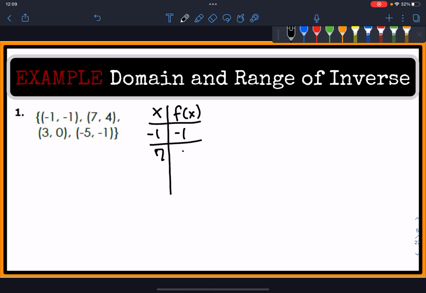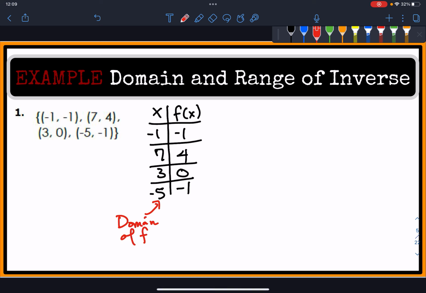We have 7, 4, 3, 0, and negative 5, negative 1. So this is the domain of our function f, and this is the range of our function f.